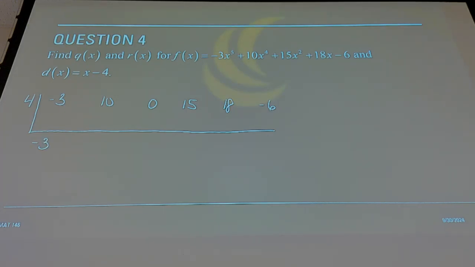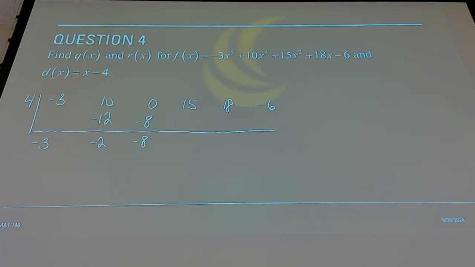Negative 3 drops down. Times 4. Plus 10. Times 4, plus 0.